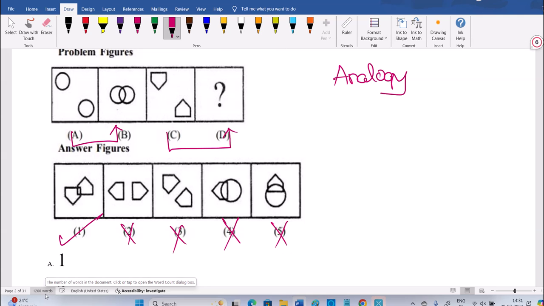Then you keep going. And in Accenture, a very important point you have to know: the final selection depends on cumulative score, like government jobs. First round score plus second round score plus interview score, all together, whoever got good marks, they'll get selected.